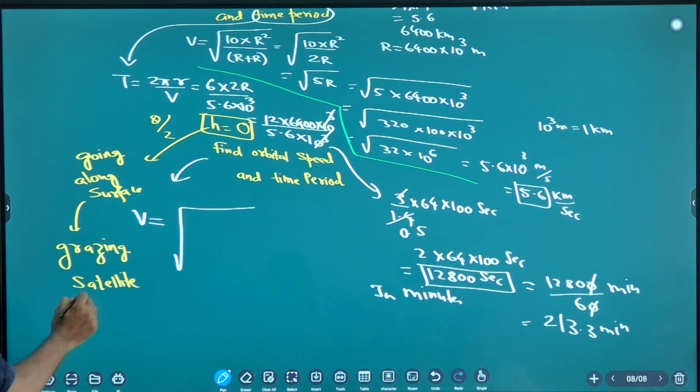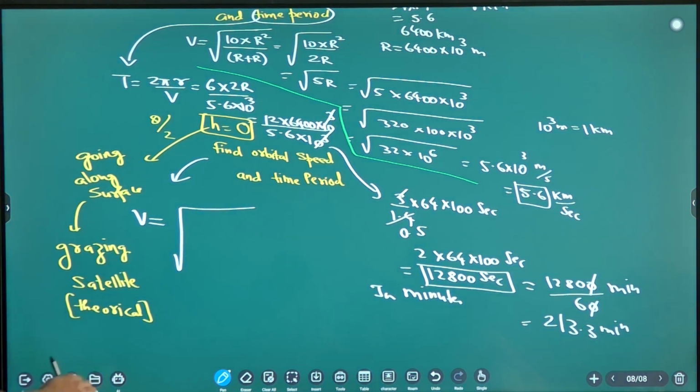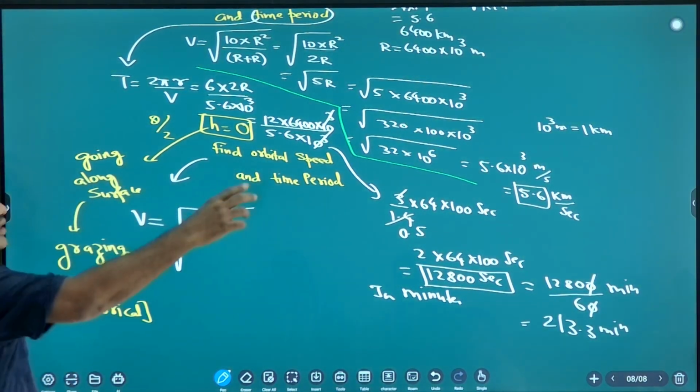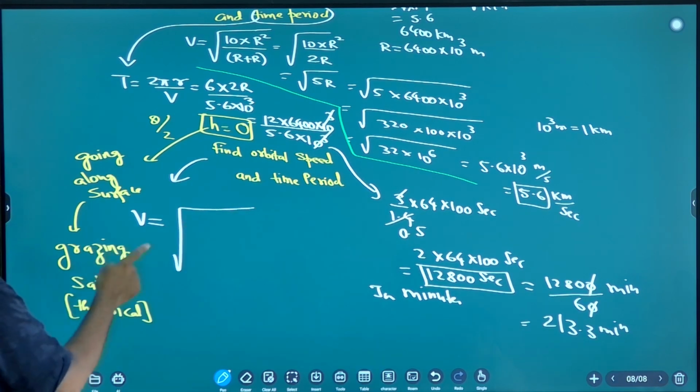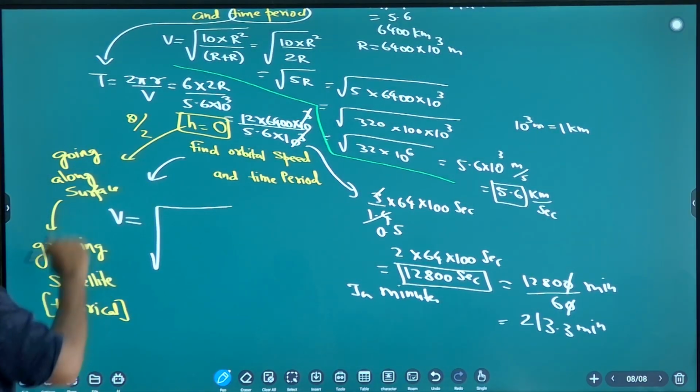It is only theoretical. Actually, there is no satellite like this. Why don't we have any satellite like this? Because it will hit the buildings, it will hit the mountains, right? So it is not possible, but theoretically we can solve.